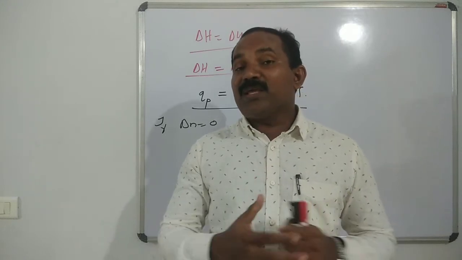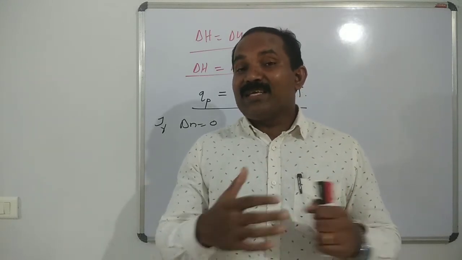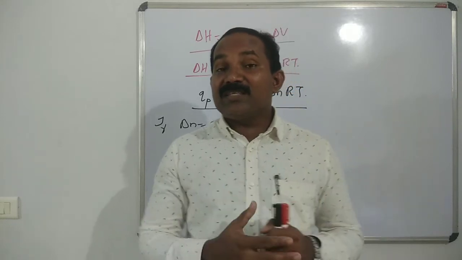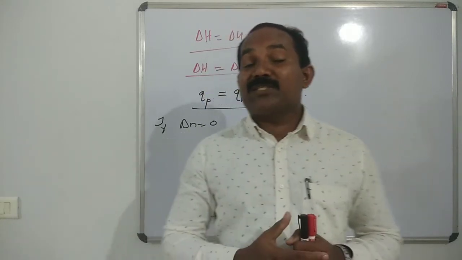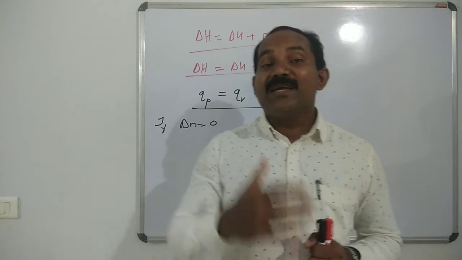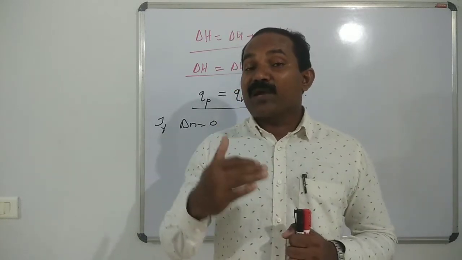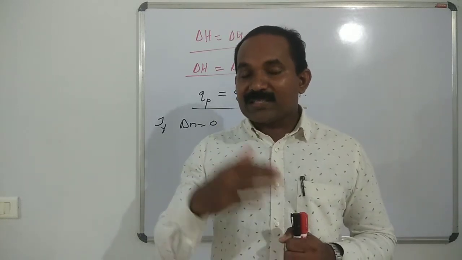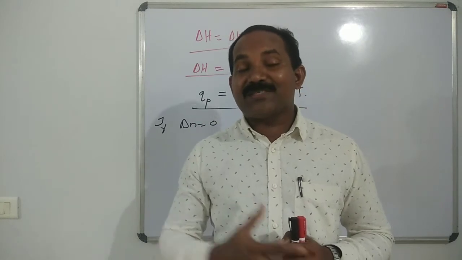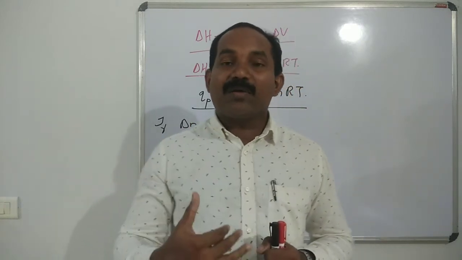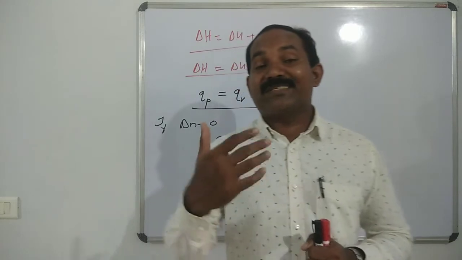How? QP is equal to C delta T M divided by small m, where C is the heat capacity of the calorimeter. Capital M is the molar mass of the substance, and small m is the mass of the substance taken.